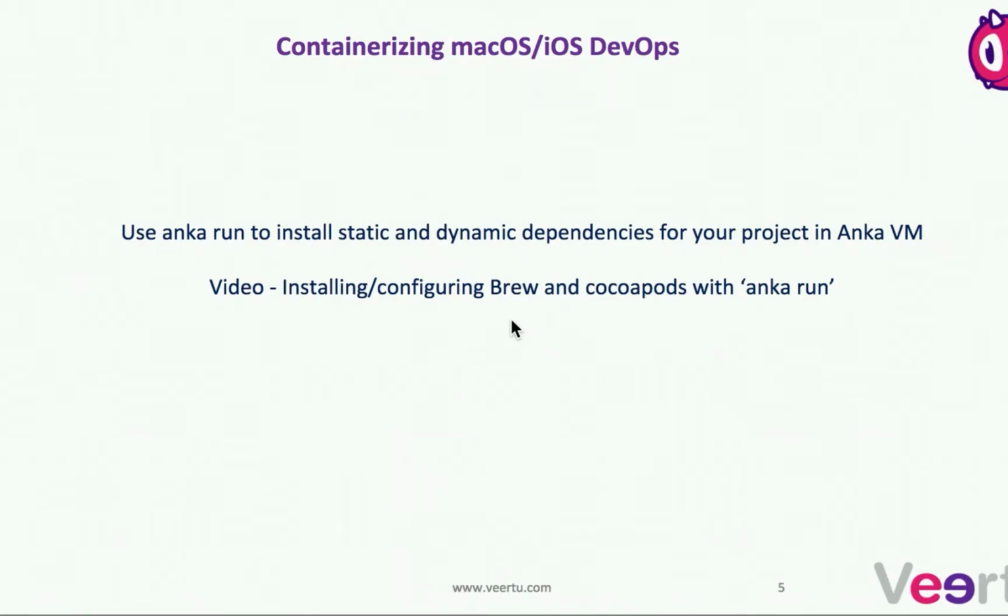Use it to install and prepare your application development environment inside the Enka VM. You can use it to install all your static and dynamic dependencies. In this video, we will take as an example installing Brew and CocoaPods to get our Enka VM ready for development.